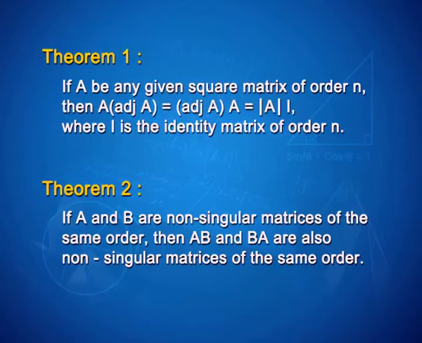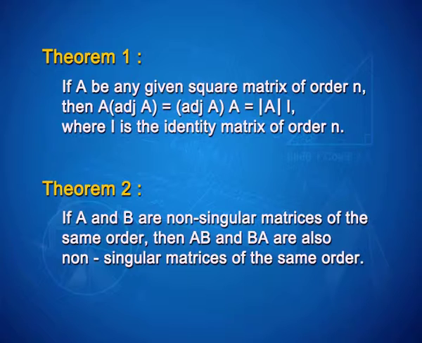Now, let us look into some theorems involving singular and non-singular matrix. If A be any given square matrix of order n, then A into adjoint of A is equal to adjoint of A into A, that is equal to determinant A multiplied by identity matrix I, where I is the identity matrix of order n.